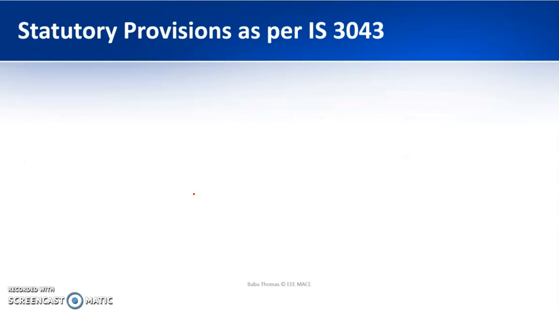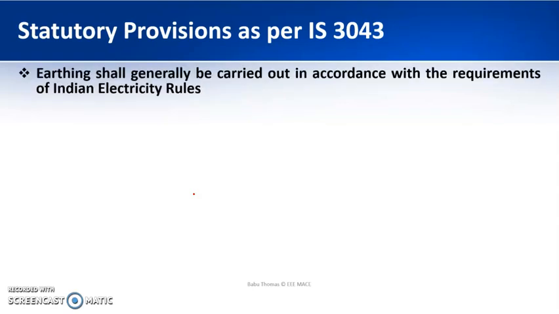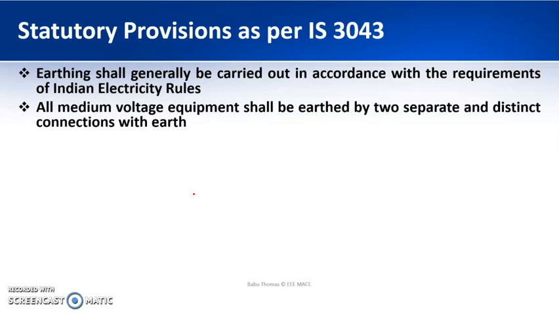Now we'll be seeing the statutory provisions as per IS 3043. It mentions that earthing should be carried out in accordance with the requirements of the Indian Electricity Rules. The electricity rules are published by the Government of India, and earthing shall be in accordance with their requirements. All medium voltage equipment shall be earthed by two separate and distinct connections with the earth.